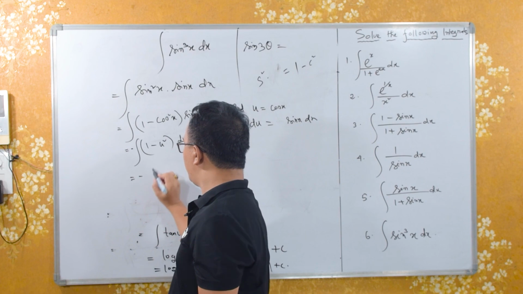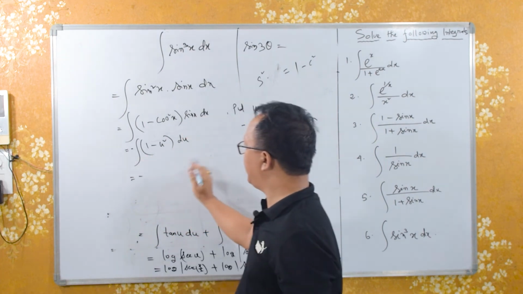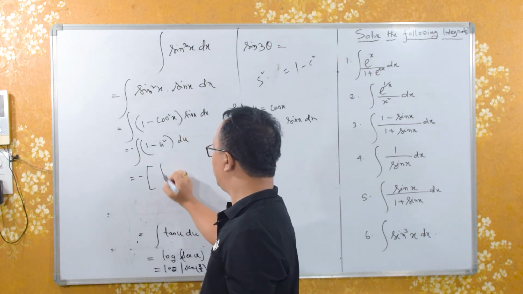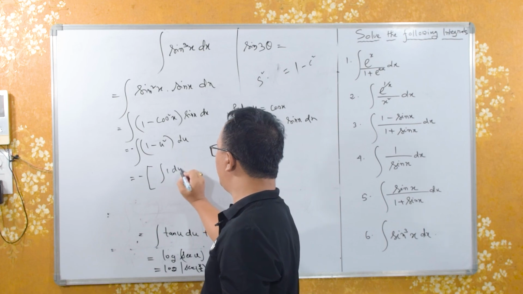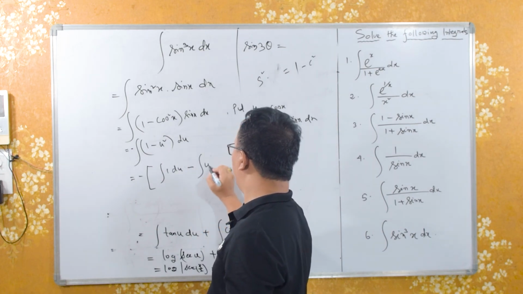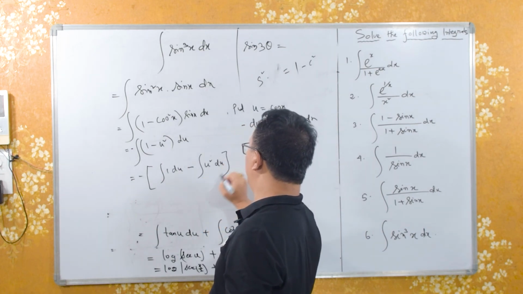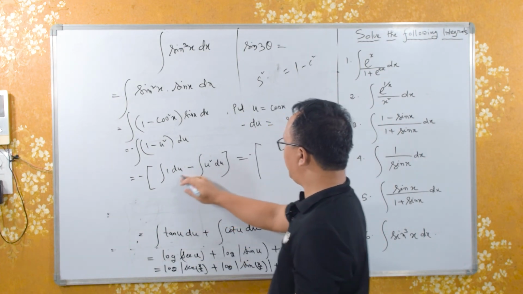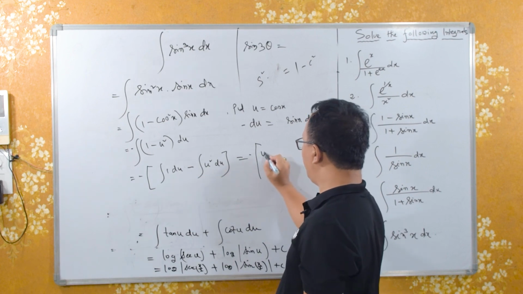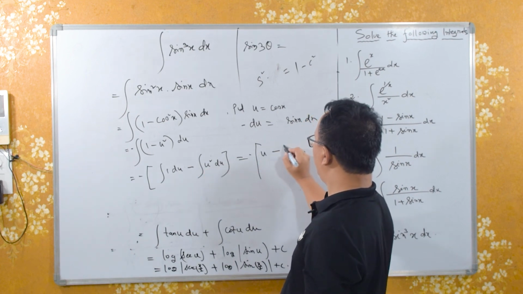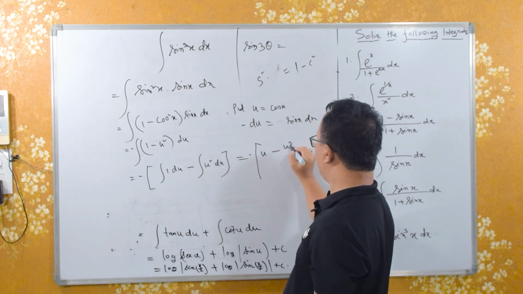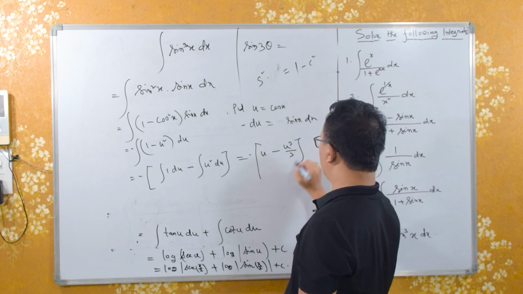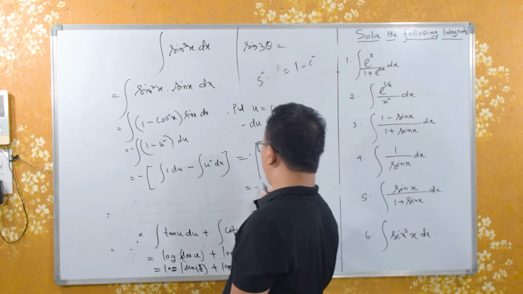It implies the integral equals minus of integral of 1 minus u square du. If I integrate this, integral of 1 du is u, minus u cube upon 3, plus c. What is u? You come back.